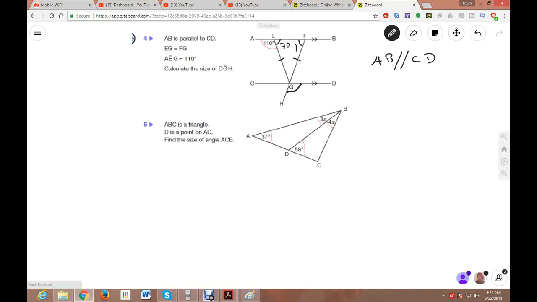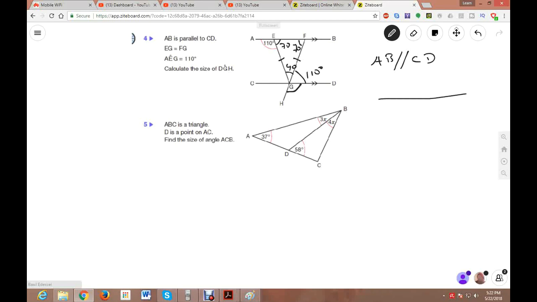And so G will be 40. And so the angle outside, the angle over here is the angle over here. This is also said to be 110.